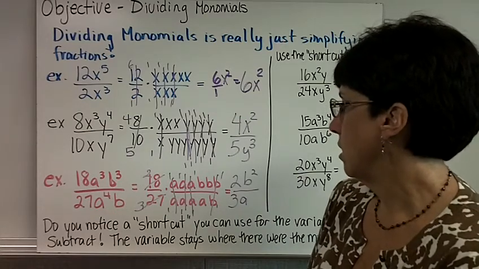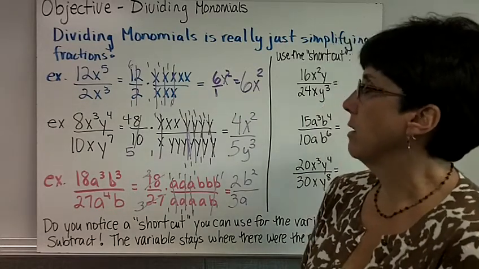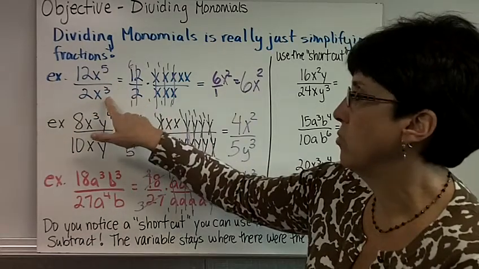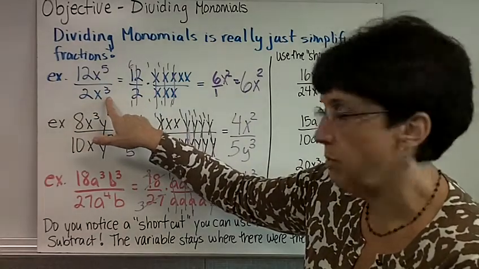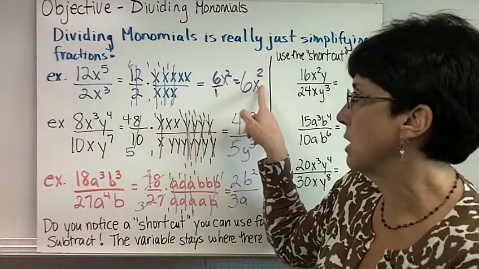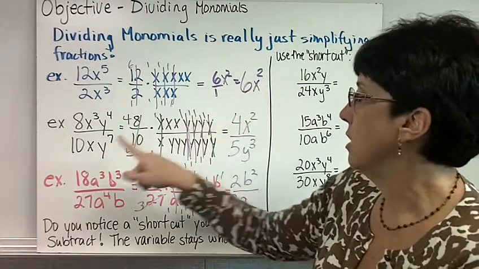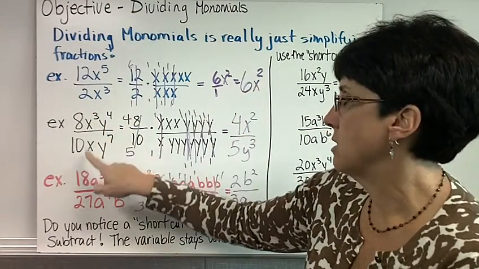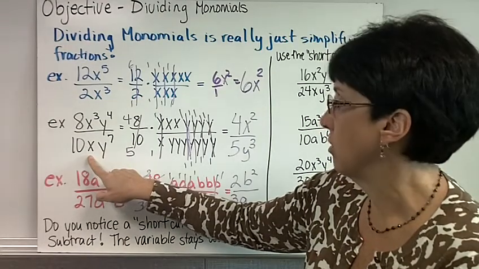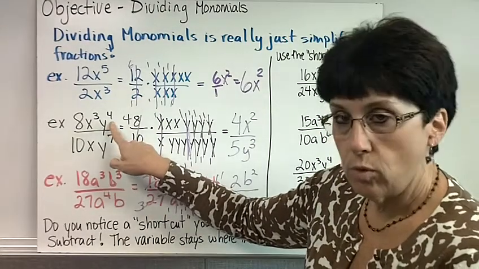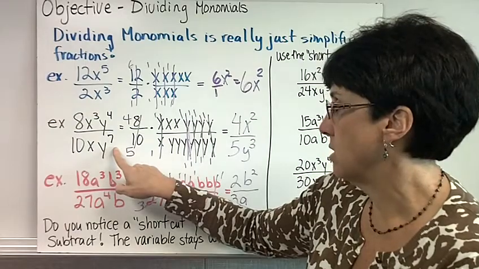Okay. Look at what we've done for a minute. Let's go back. Here I had 5 x's in the numerator, 3 x's in the denominator, and my answer had 2 x's in the numerator. Here I had 3 x's in the numerator, 1 x in the denominator. 4 y's in the numerator, 7 y's in the denominator.